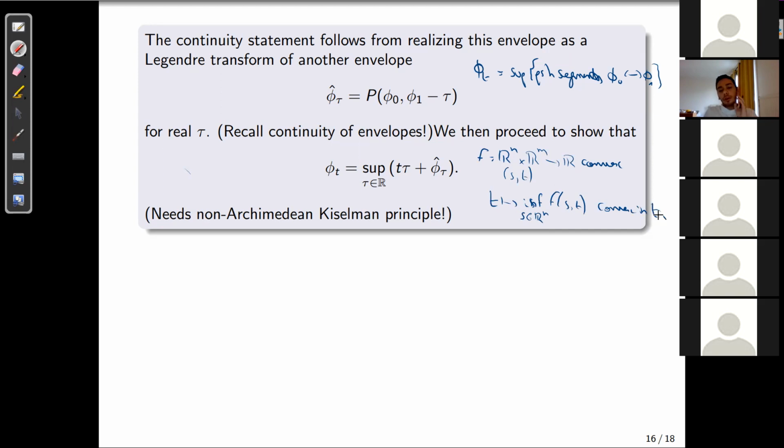So this is something that also works with the correct hypothesis for PSH functions. And it's a bit more difficult a priori to show that this is true in the non-Archimedean case, but in fact it works pretty nicely. You need the parameterization f to be convex in s and t, essentially.